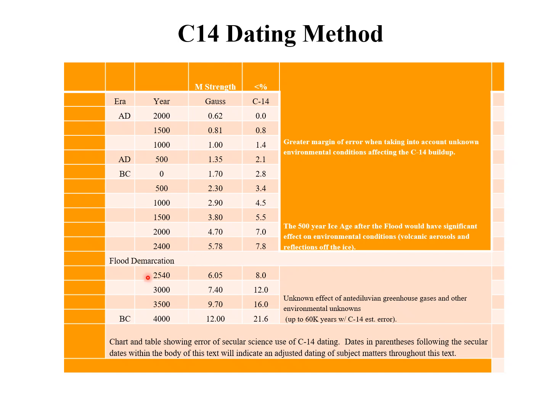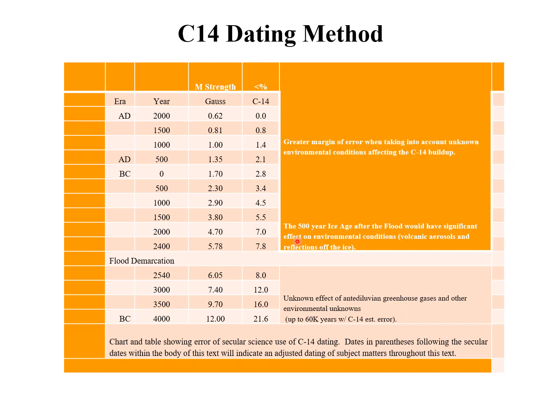You go back 2,500 years, and the Gauss strength should be at 6.5 Gauss, and it should be affected by 8% now. There's a greater margin of error when taking into account unknown environmental conditions affecting C14 buildup in this range here.